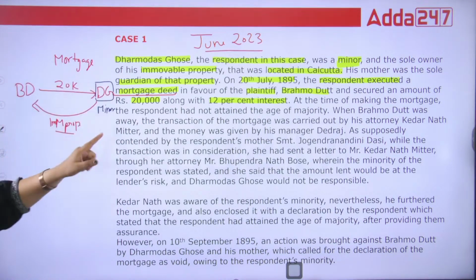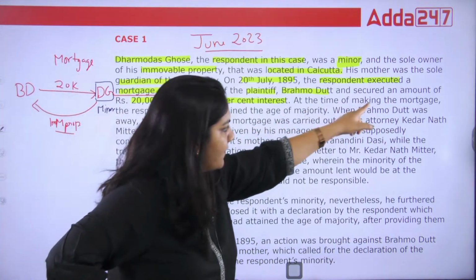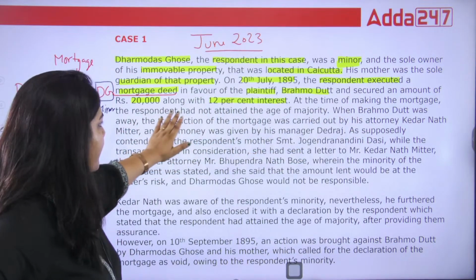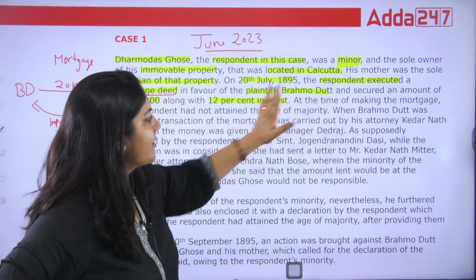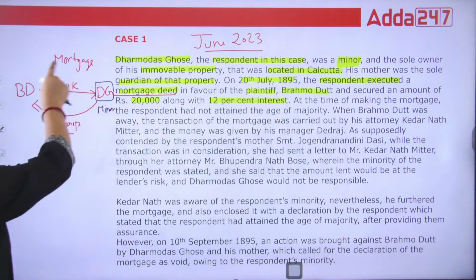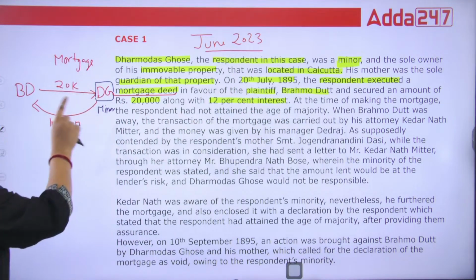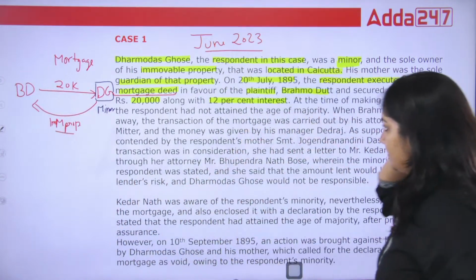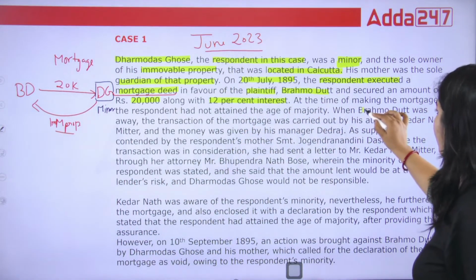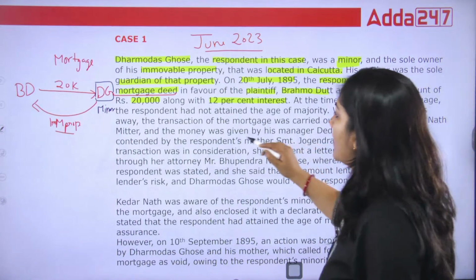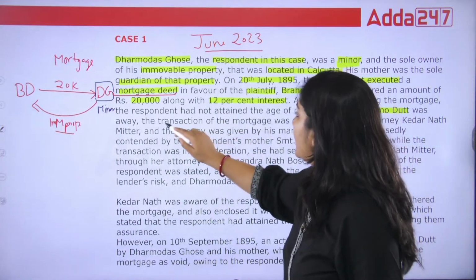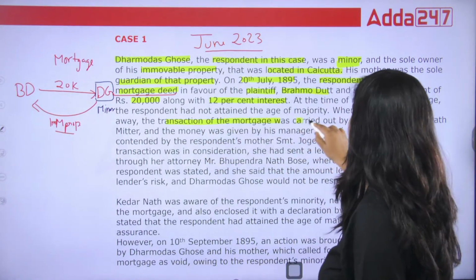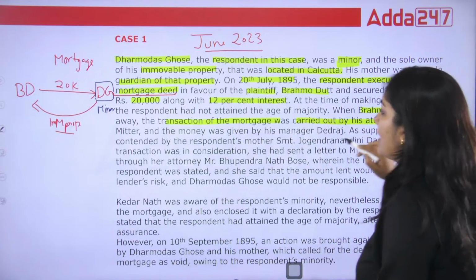Now let's highlight the next one. At the time of making the mortgage, the respondent had not attained the age of majority. It means when the contract was done, he was a minor. I think this is clear to all of you, right? Now, Brahmodat was away, and the transaction of mortgage was carried out by his attorney Kedarnath Mittar.